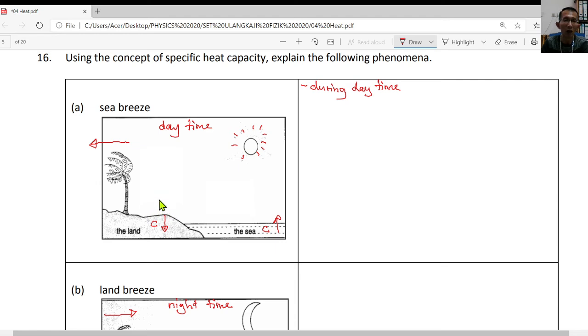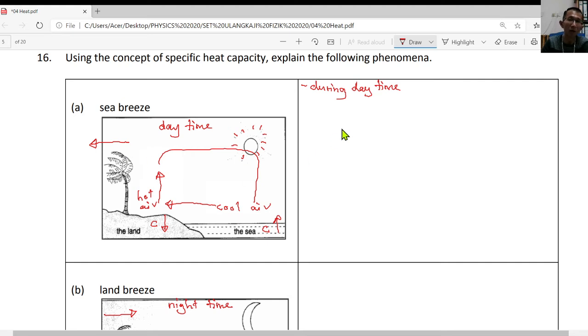Hot air will go up, and then the cool air from the sea will move to the land. So this causes the sea breeze.